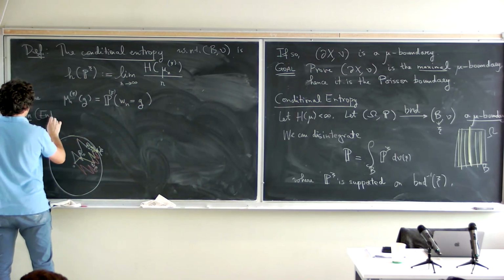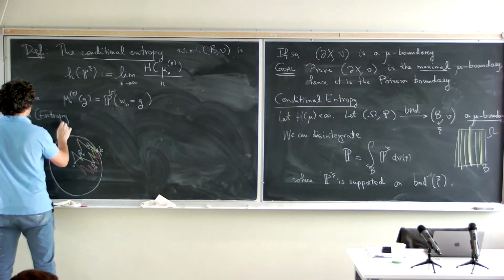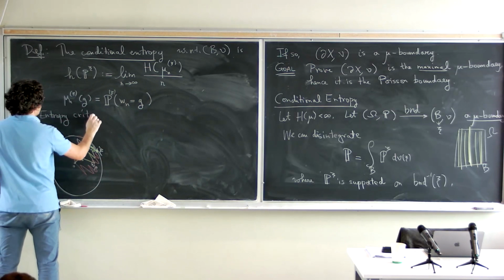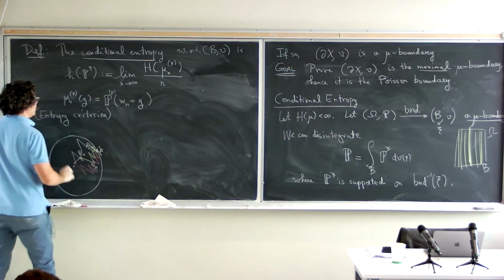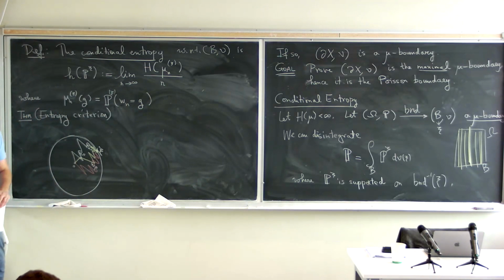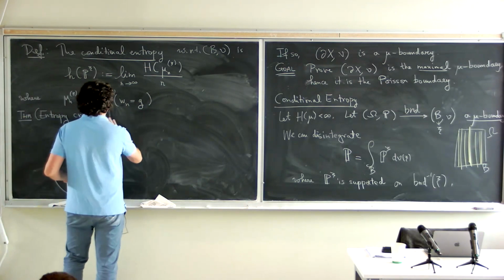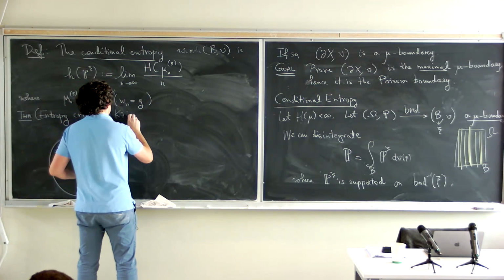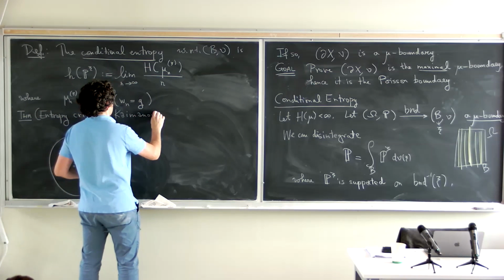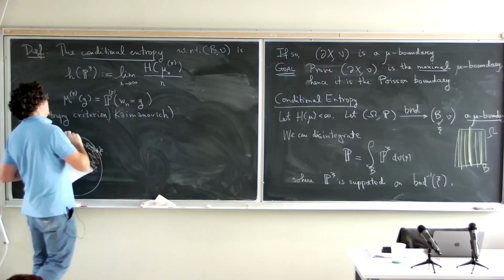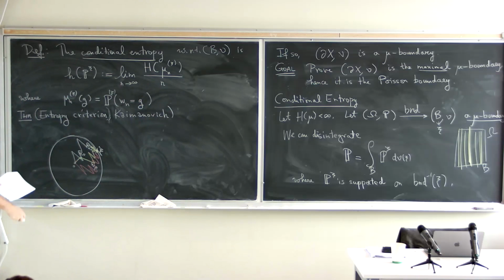We can write the entropy criterion, not for the absolute case, but for the relative case. This entropy criterion is definitely due to Kaimanovich. I think he was the one who pushed it from the absolute to the relative case. And it's the following.